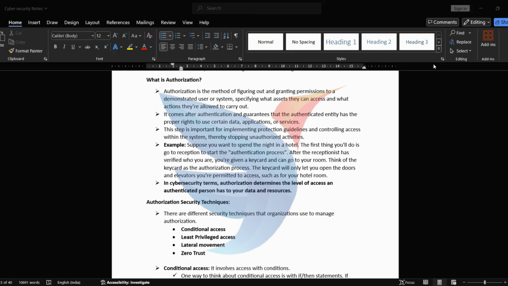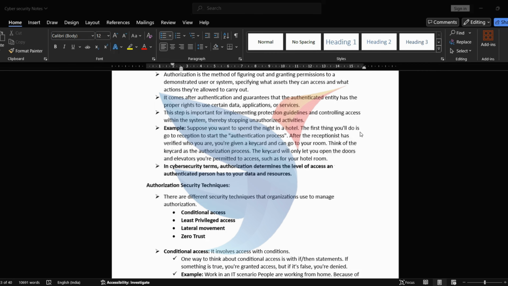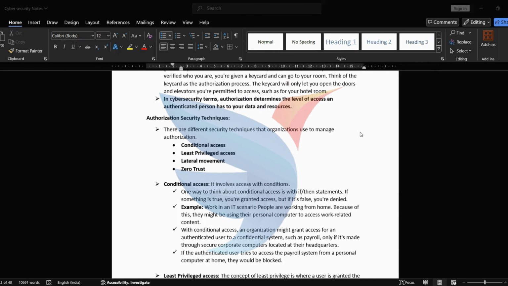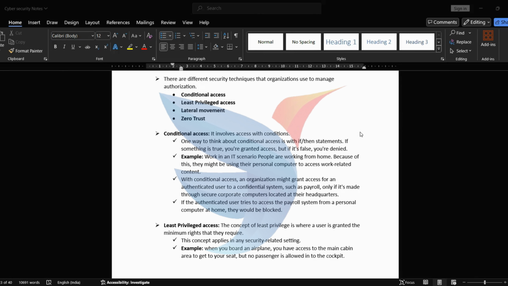So there are different security techniques that organizations use to manage authorization, such as conditional access, least privilege access, lateral movement, and zero trust. Let's see individually. What is conditional access?